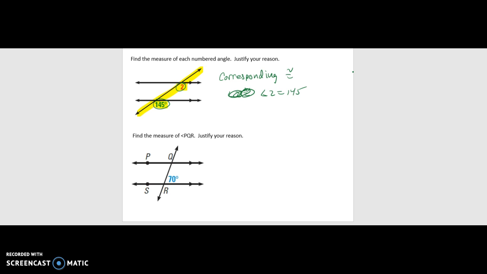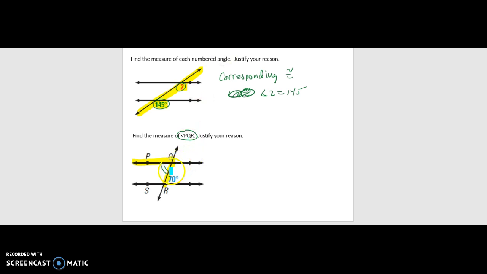Now, right away here, find the measure of angle PQR. If I trace PQR, I start at P, I travel to Q, then I go to R. And if I put an arc in the angle that yellow angle is eating, it would be that angle there.